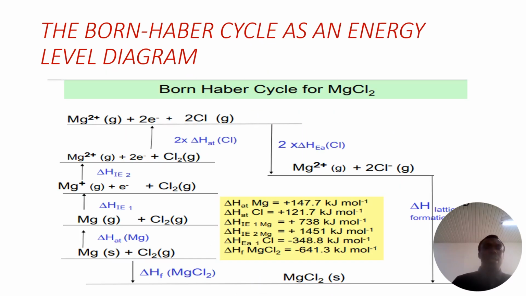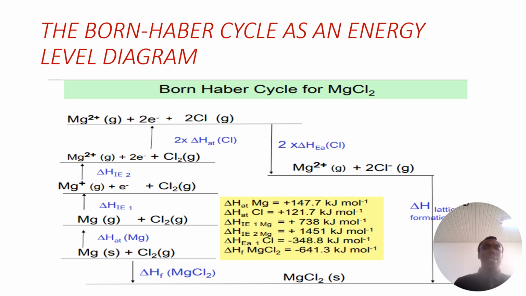So the Born-Haber cycle has an energy level diagram. The Born-Haber cycle can be represented using the energy level diagram. Now, if you look at the energy level diagram here, you discover that some of the arrows are moving downward and some are moving upwards. There are different stages, and each stage represents a process.